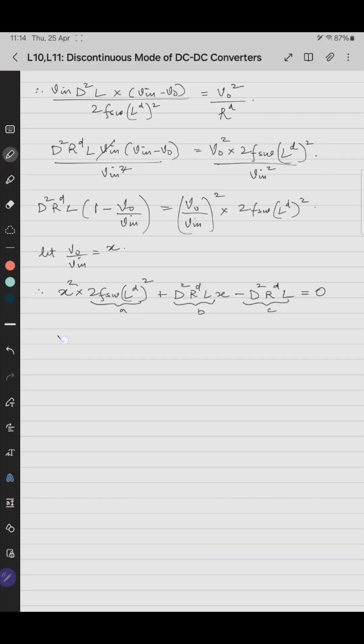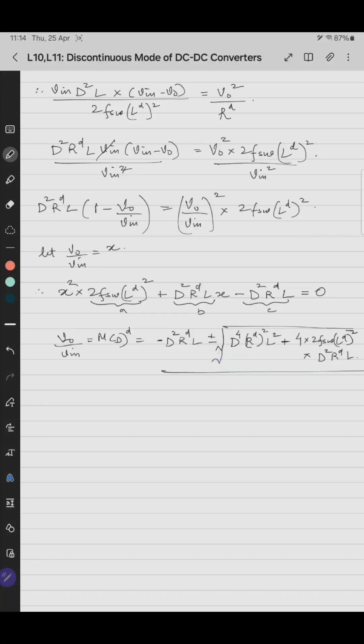So X, that is V naught by V in, which is also equal to M of D for discontinuous mode, is minus B, that is minus D square RDL, plus minus under root of B square, that is D to the power 4 RD square L square, minus 4 into A, that is 2F switching LD square, into C, into minus, minus becomes plus D square RDL, divided by 2A.